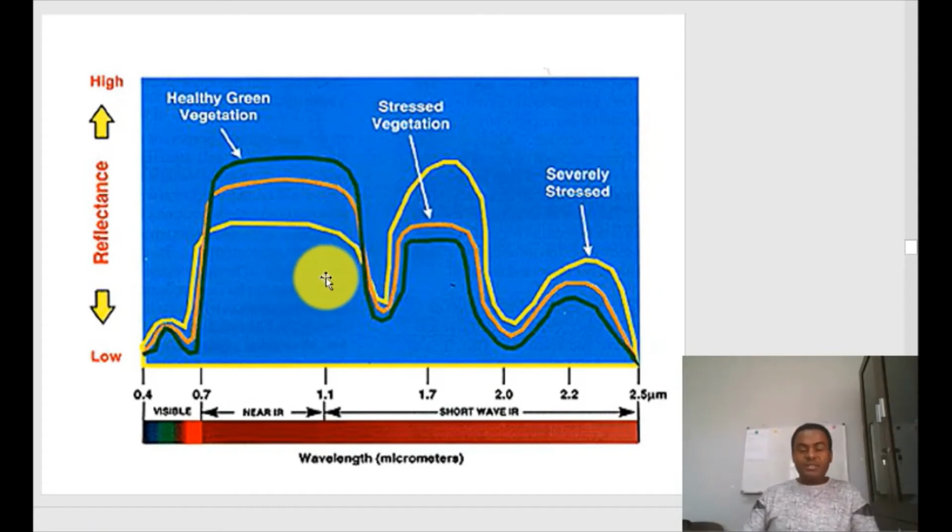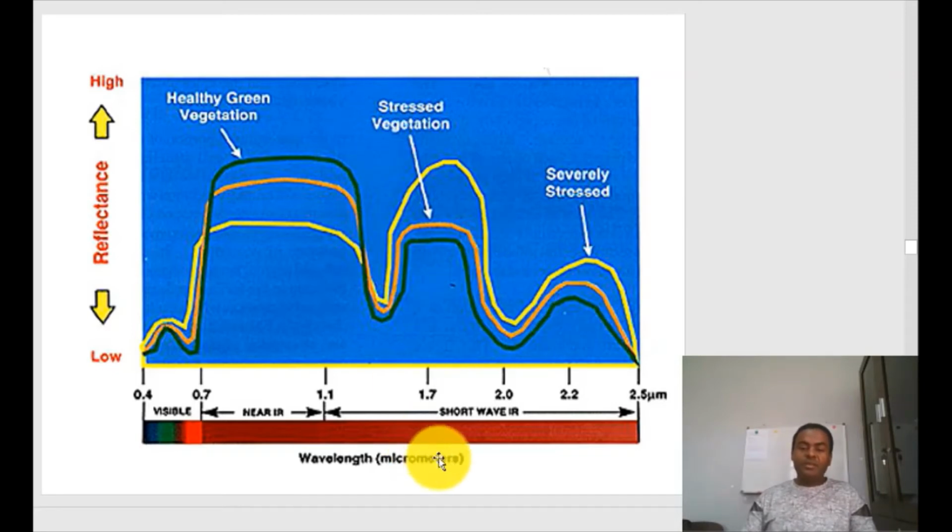Now look at this spectral reflectance characteristics of healthy, stressed, and severely stressed vegetation. So when the leaf is stressed, you will see that the leaf can be easily dried.